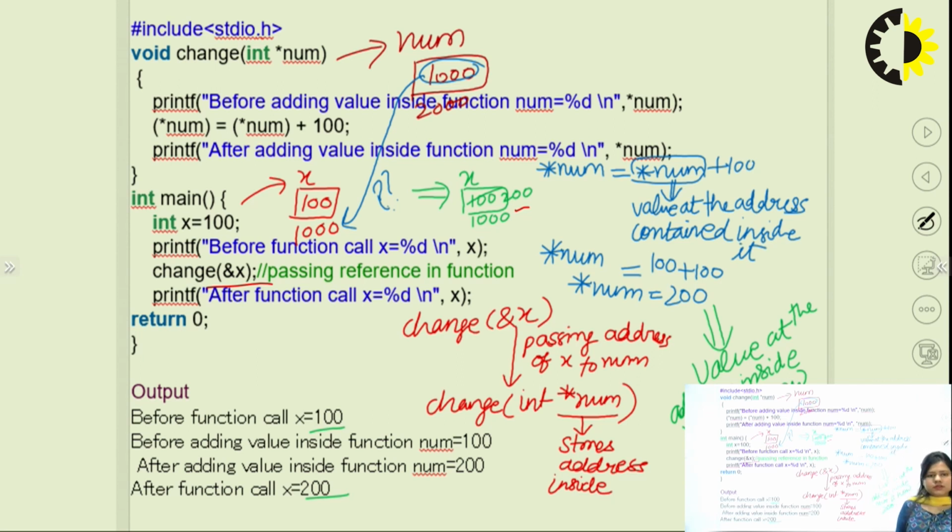So students, this is the call by reference method, in which we pass the reference of our original variables, and any change will take place in the original variables only. So this is call by reference, in which pointers play a very important role.